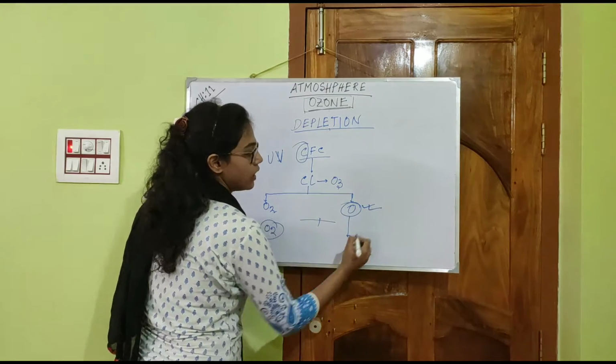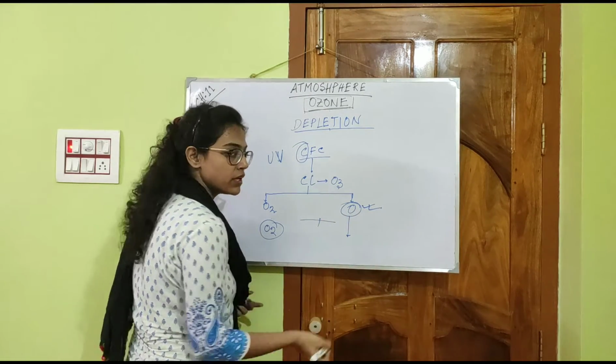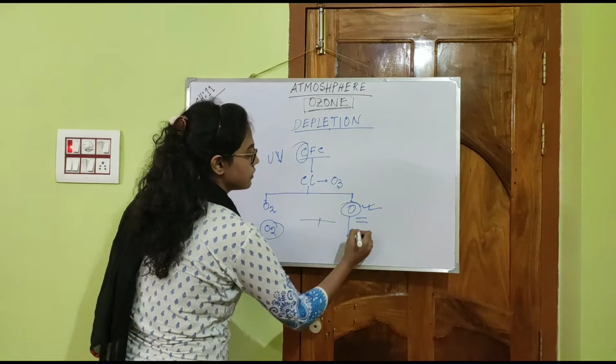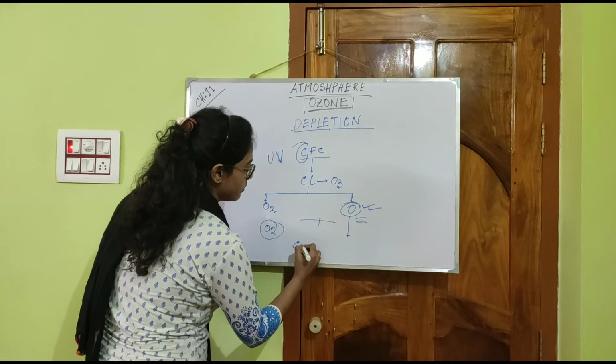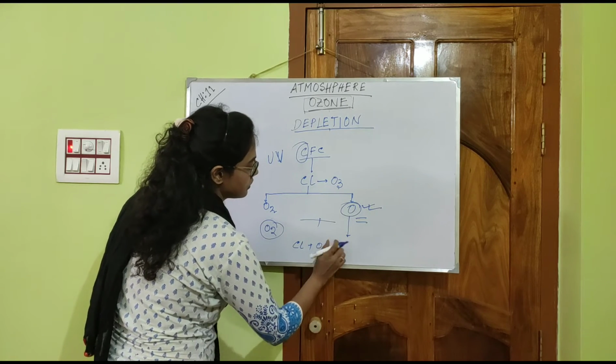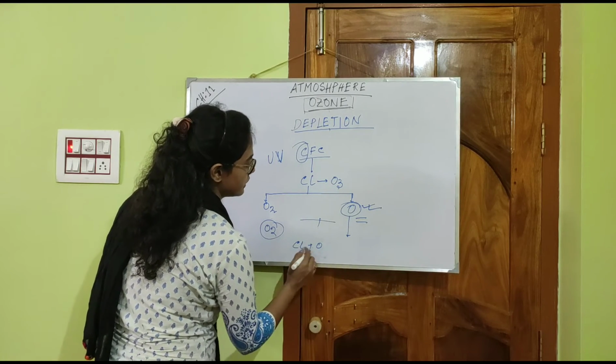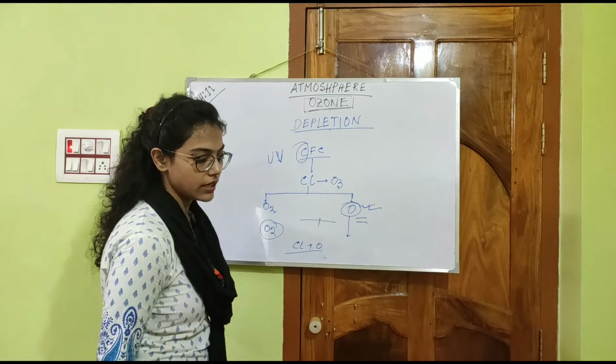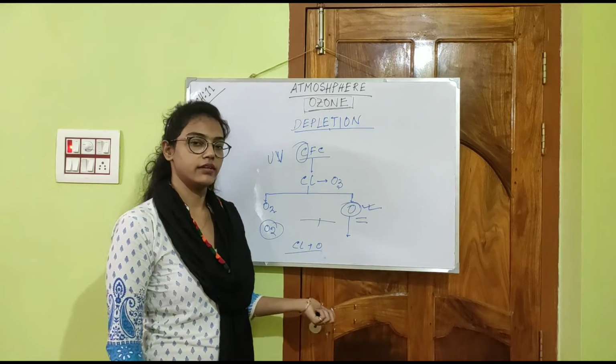So this oxygen atom is now free. The oxygen is combined with the chlorine and makes chlorine monoxide.